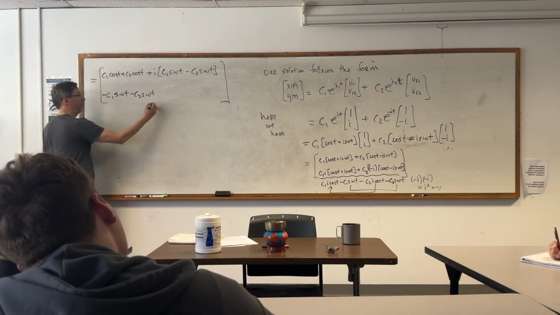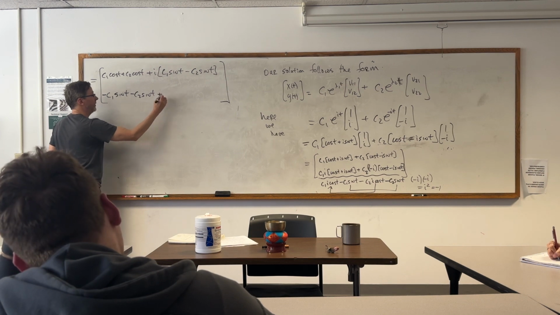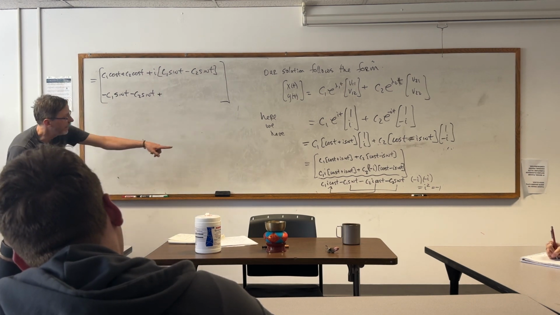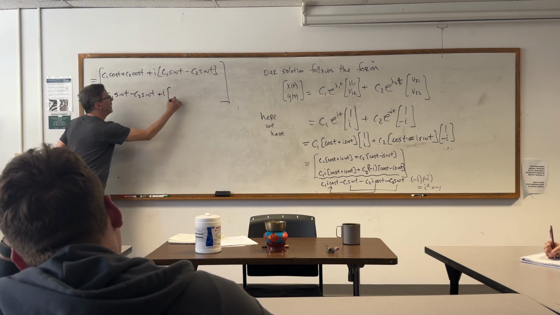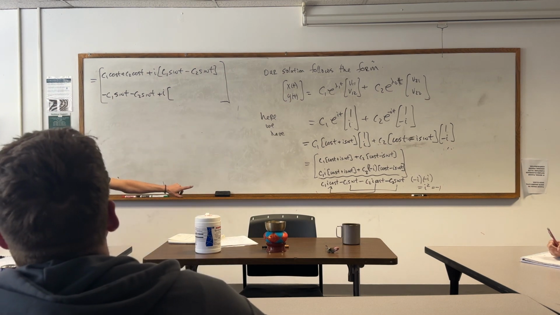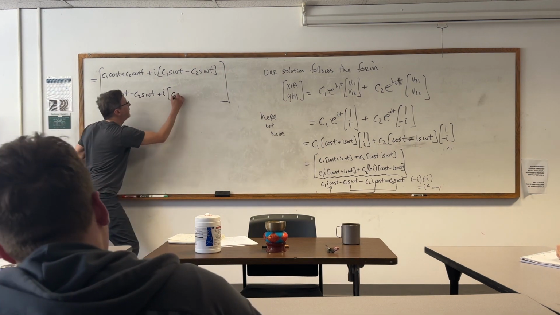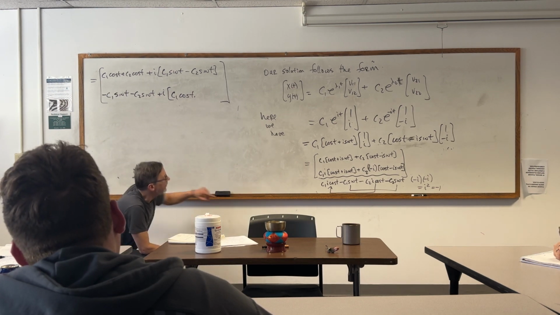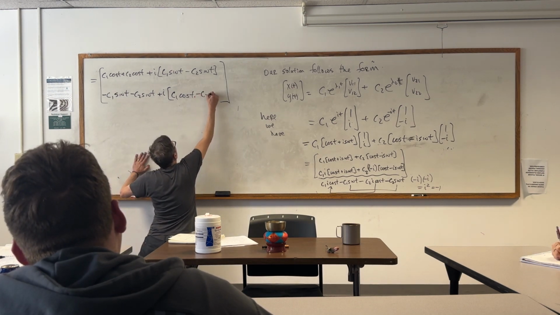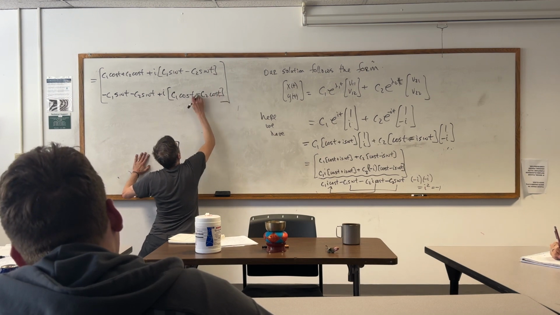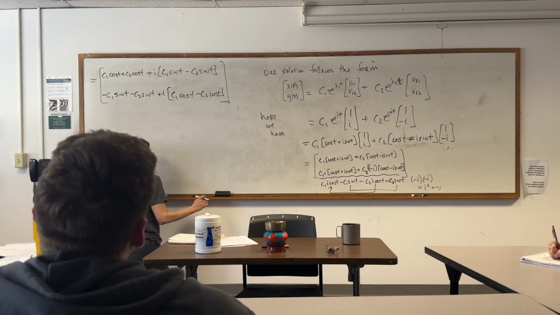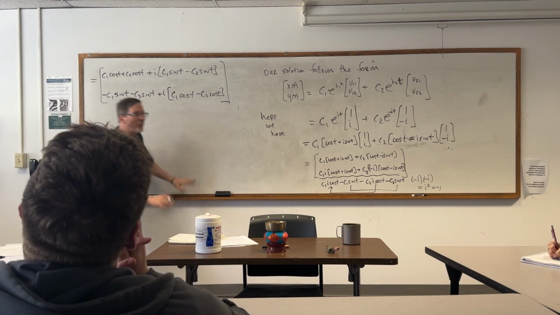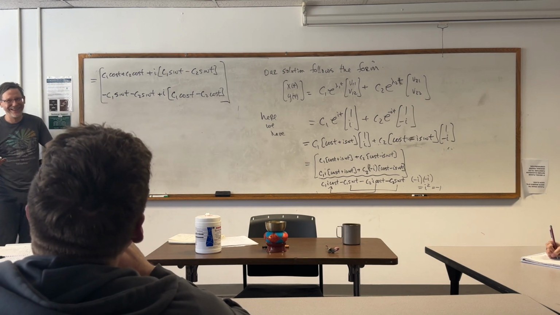This is looking pretty. Your mileage may vary on how you feel about that. Then I've got i times C1 cos minus C2 cos. Oh God, so good. So easy to screw this up.